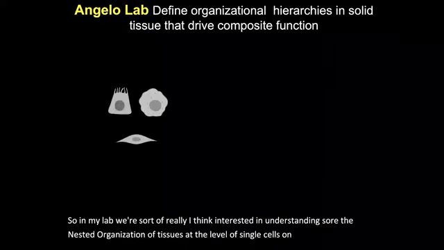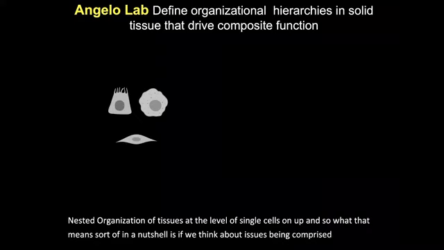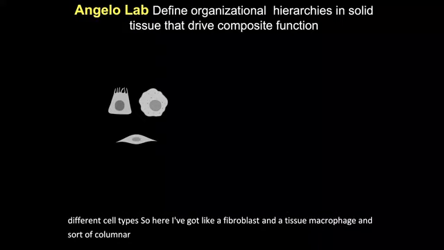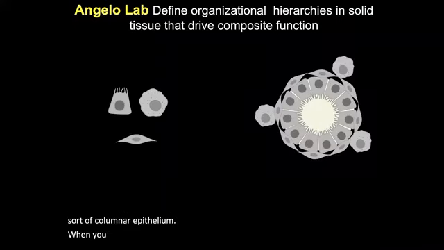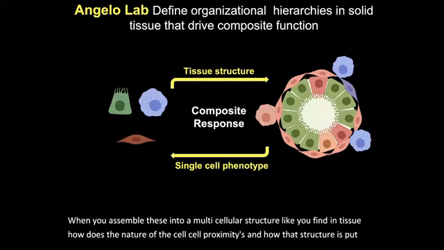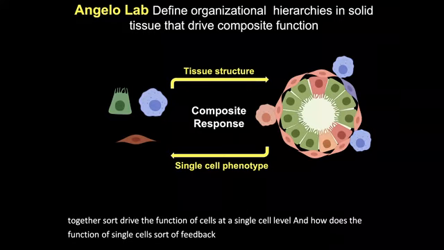What that means, in a nutshell, is if we think about tissues being comprised of different cell types, like a fibroblast, a tissue macrophage, and columnar epithelium, when you assemble these into a multicellular structure like you find in tissue, how do the cell-cell proximities and how that structure is put together drive the function of cells at a single cell level, and how does the function of single cells feed back on the multicellular structure?